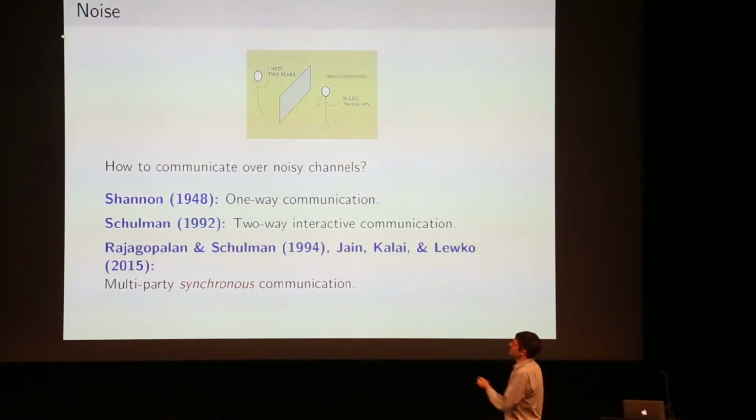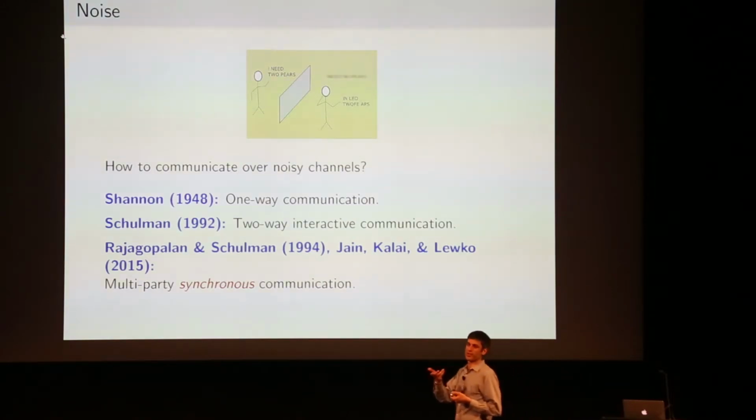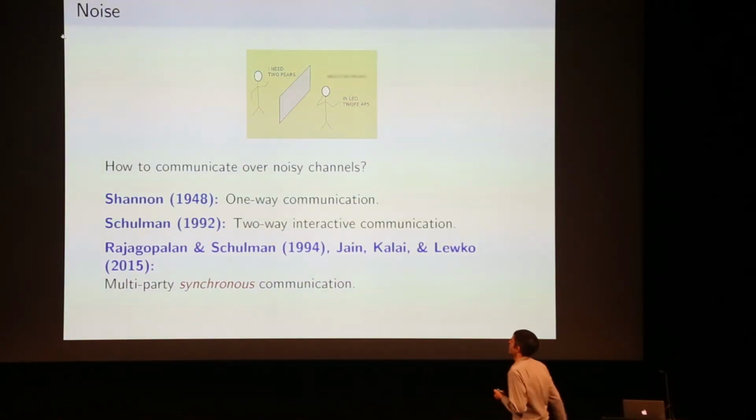Okay, the next series of advances had to do with going beyond two parties. So Rajagopalan and Schulman in 1994 introduced a model of multi-party synchronous communication over a noisy channel that makes random errors.